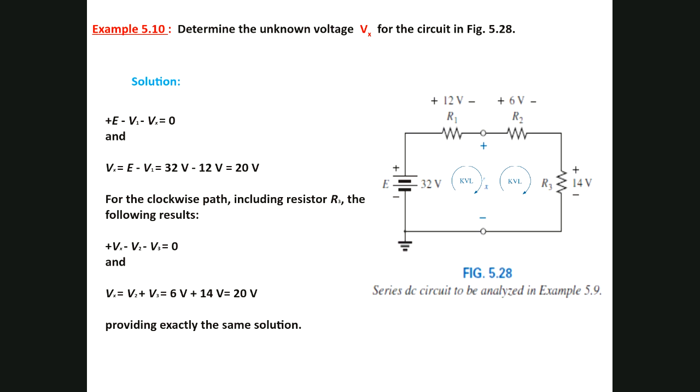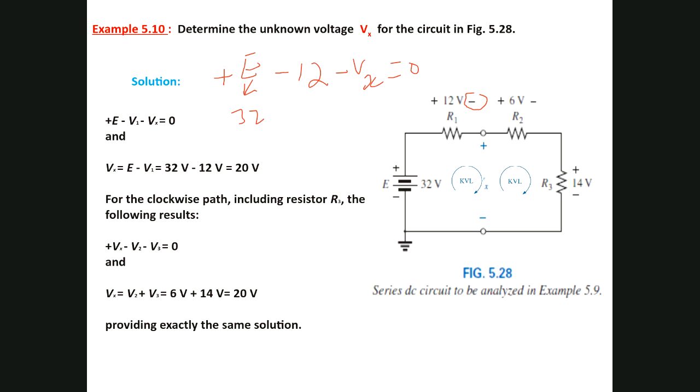So positive E, minus 12, then minus Vx equal to 0. This is for path 1. So you substitute the values here, which is 32 minus 12 equal to Vx. You can find Vx here.